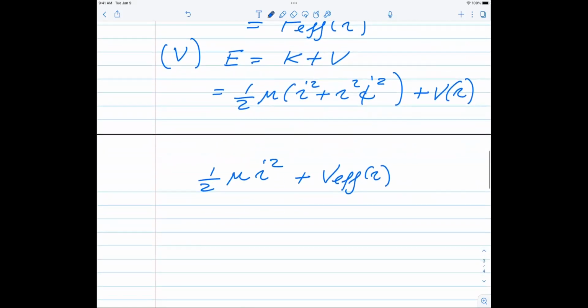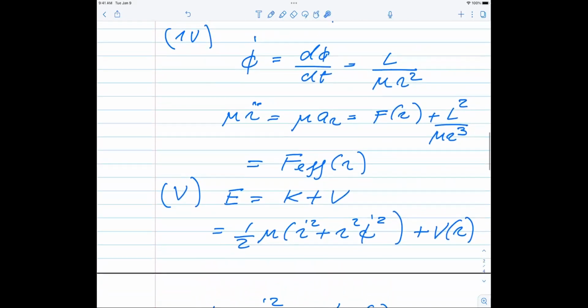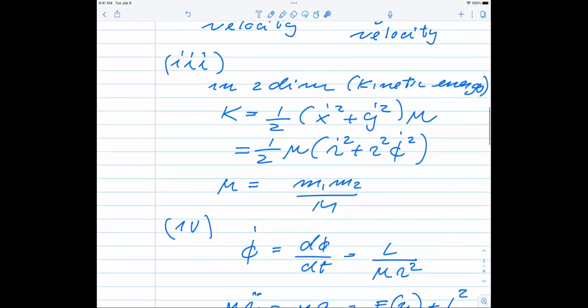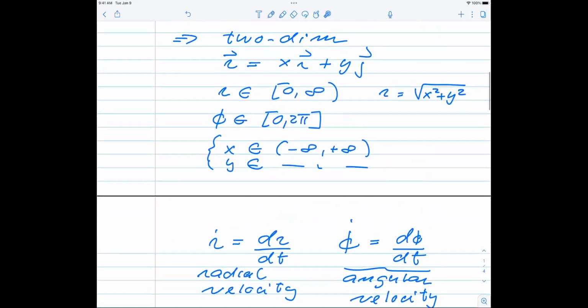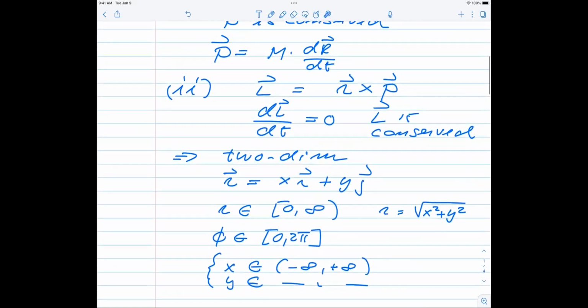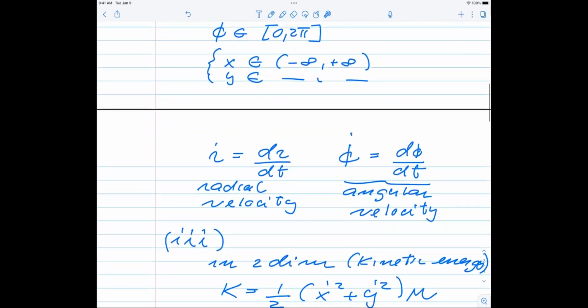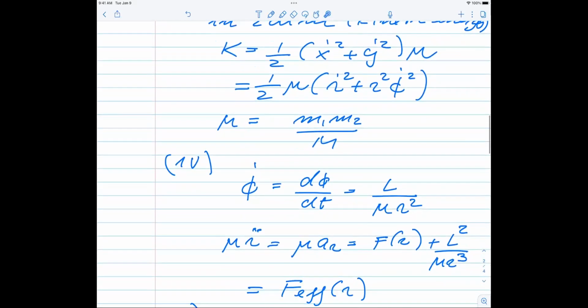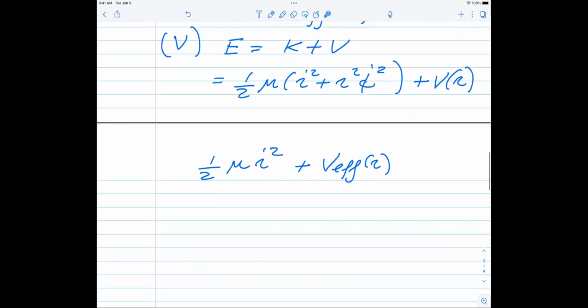And for this effective potential, since we now have this term coming from here, the only thing we do now is simply to plug in the fact that angular momentum is conserved. So we go back to the equation we have for angular momentum, and I think I put it up here. So we're going to take this expression here and plug that one in for the angular velocity.